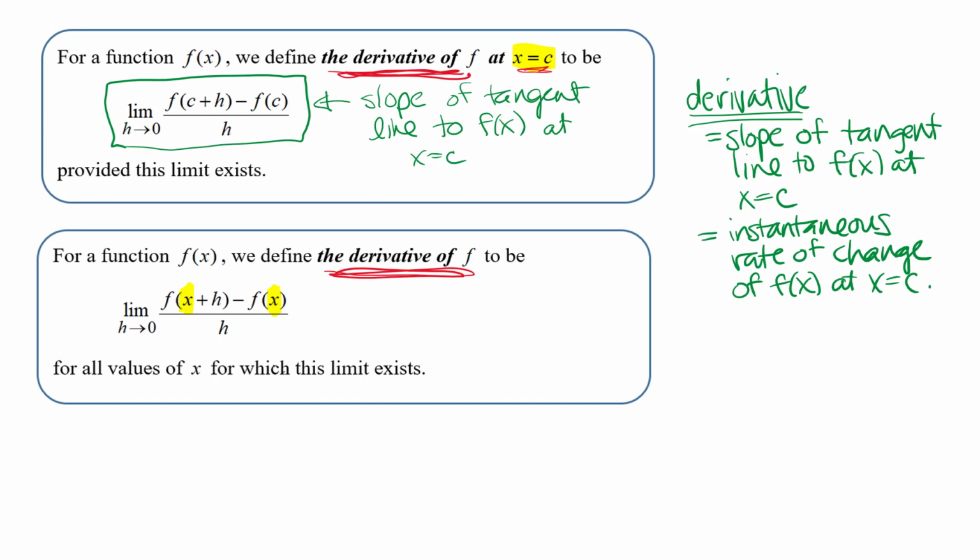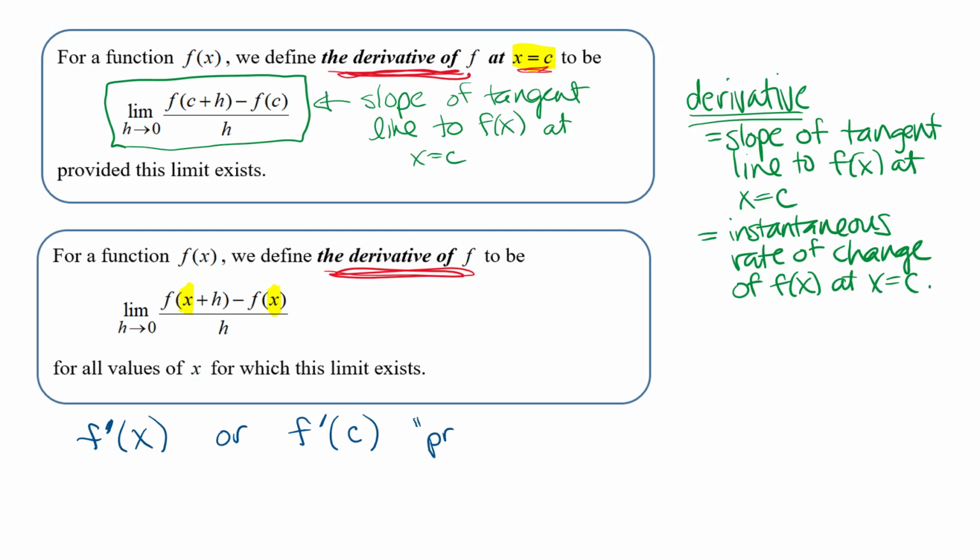Okay, so one type of symbol that we use is what's called a prime. It looks like an accent mark, sort of, in French or Spanish or other languages too. And so we would read this f prime of x if we were interested in it for all values of x, or f prime of c if we're interested in that for c.